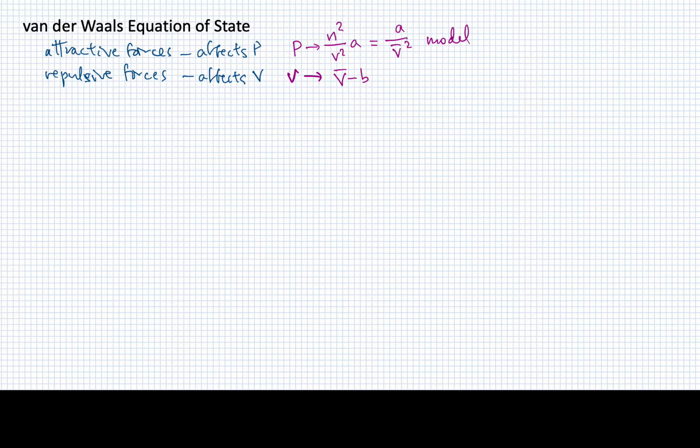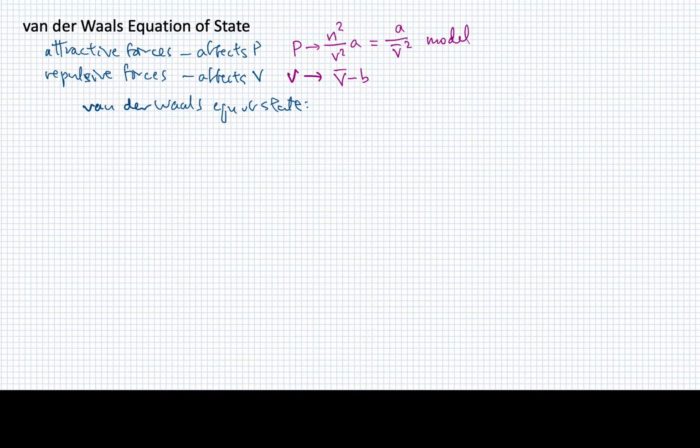So these are the things that we're going to do to change the ideal gas model so that it reflects some of these effects. This is the essence of the van der Waals model. So the van der Waals equation of state would look something like this. We construct it the same way we do the ideal gas equation of state.